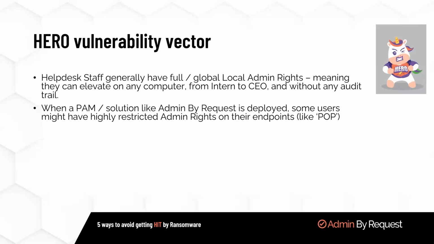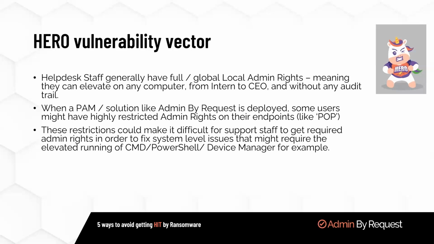And with Robo, in this scenario, you are only able to elevate maybe one specific file. So if either of those types of users has a problem and the help desk needs to come along and fix something on the system, it's all locked down. So how are they going to be able to service that user and elevate what they need to, to fix things like PowerShell or Device Manager, for example?